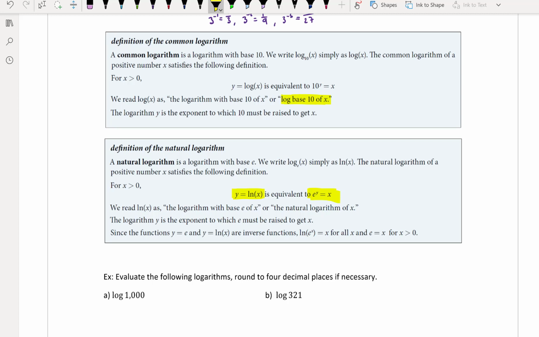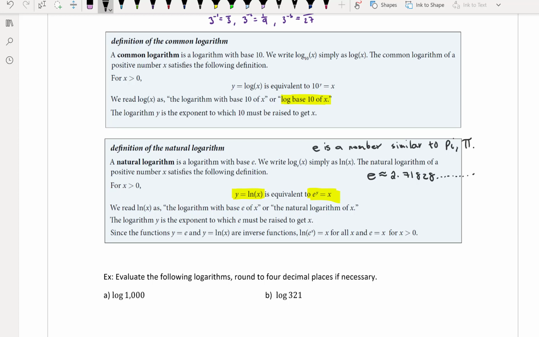Do you guys remember e from our last lecture? Remember that e is an irrational number, similar to pi. The reason e is similar to pi is because it's irrational. Just like pi, it's a decimal that doesn't repeat and never ends. So e is approximately 2.71828, and it keeps going forever.